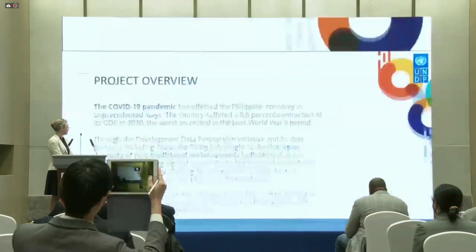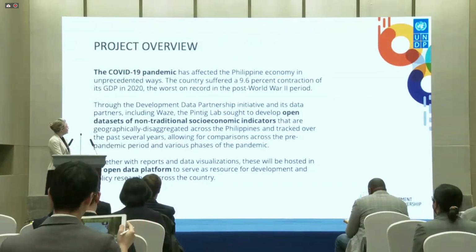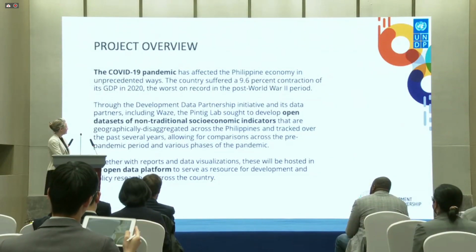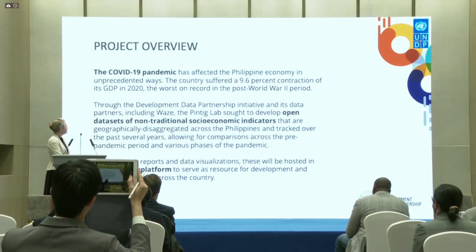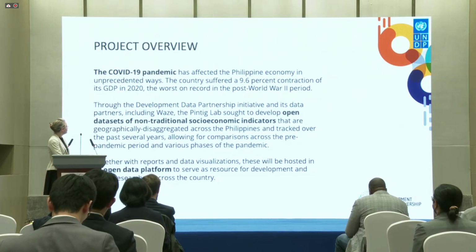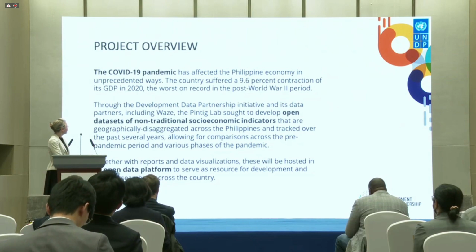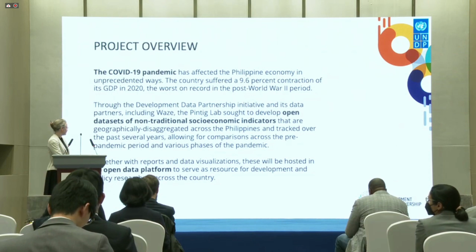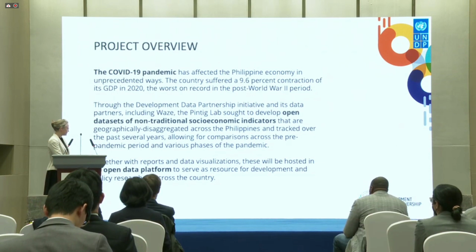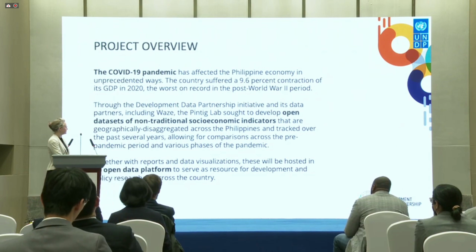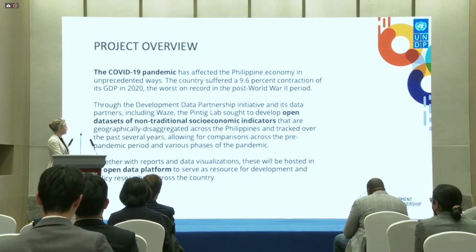So, the next slide. We started our partnership with the Development Data Partnership in 2021, and it really sprung out of how COVID-19 changed our relationship with data and put a premium on real-time data, because at that time we were able to see how having the right data at the right time really means saving lives. And we worked with the Department of Health on COVID data at that time.